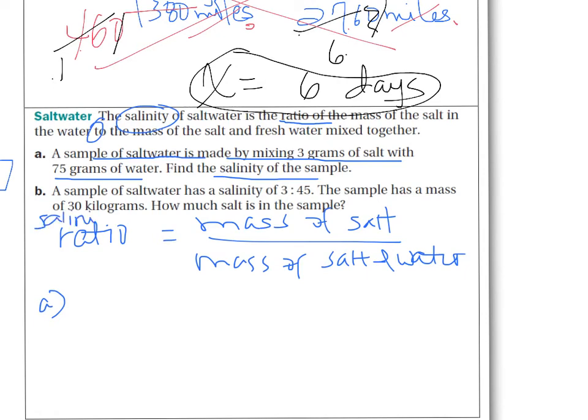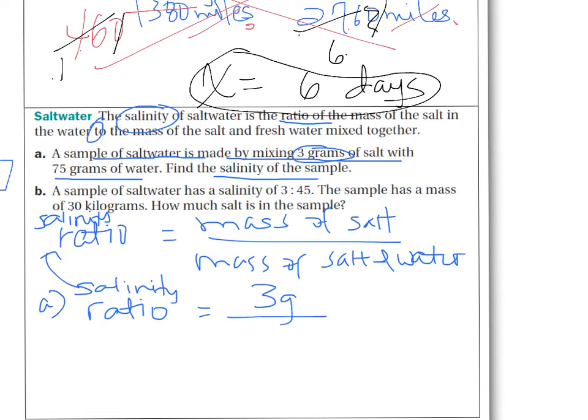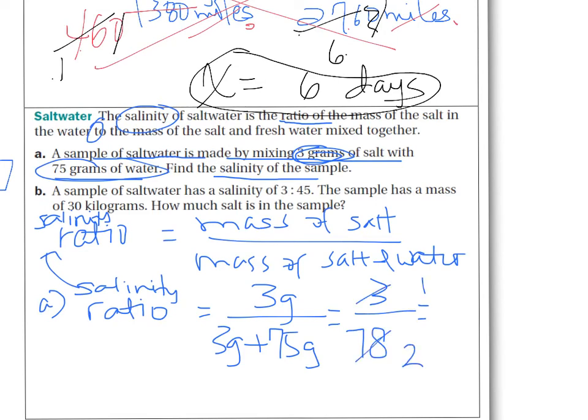So all we have to do is take 3 grams over 3 grams plus 75 grams of water to get 3 over 78. And then we simplify to get 1 to 26. And that's our salinity for part A.